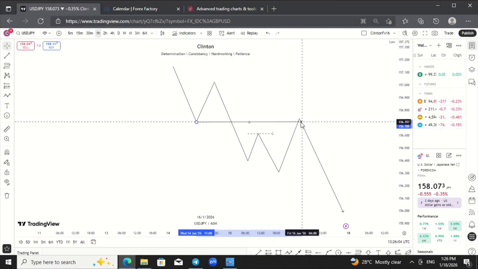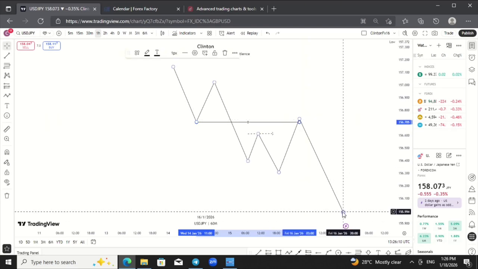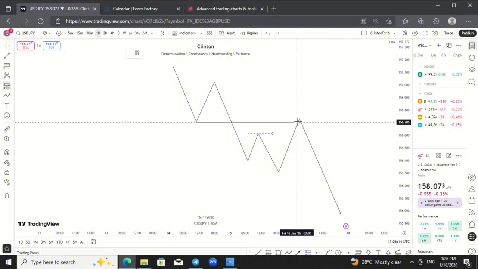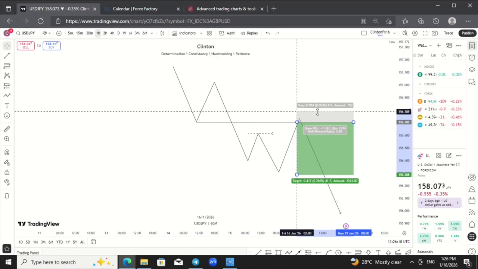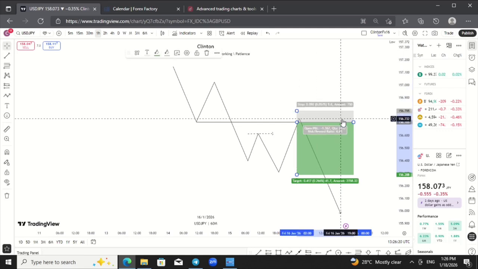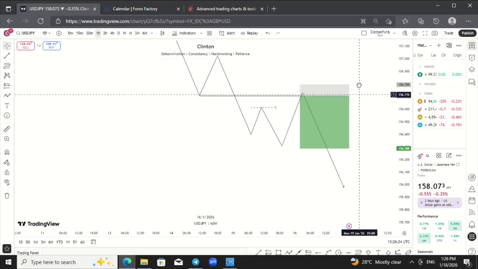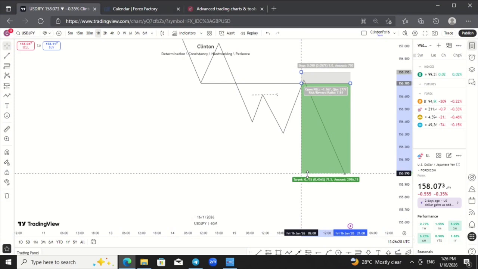So you take your trade from there, place your stop loss where it's supposed to be, then drop it to where your take profit should be.